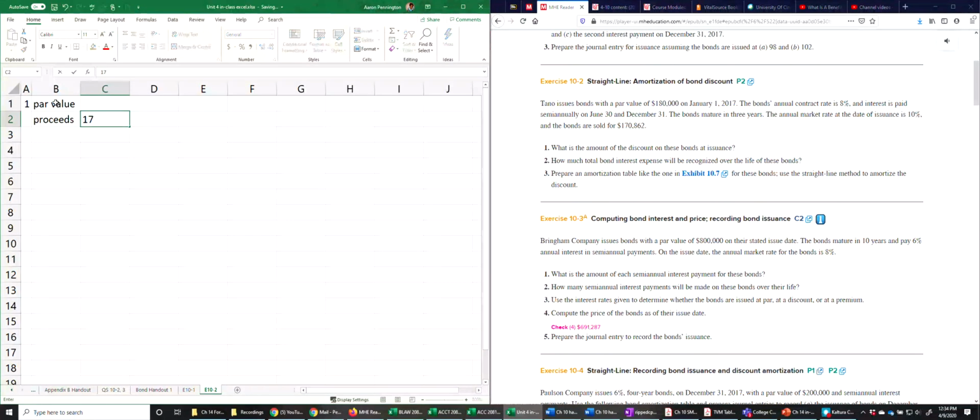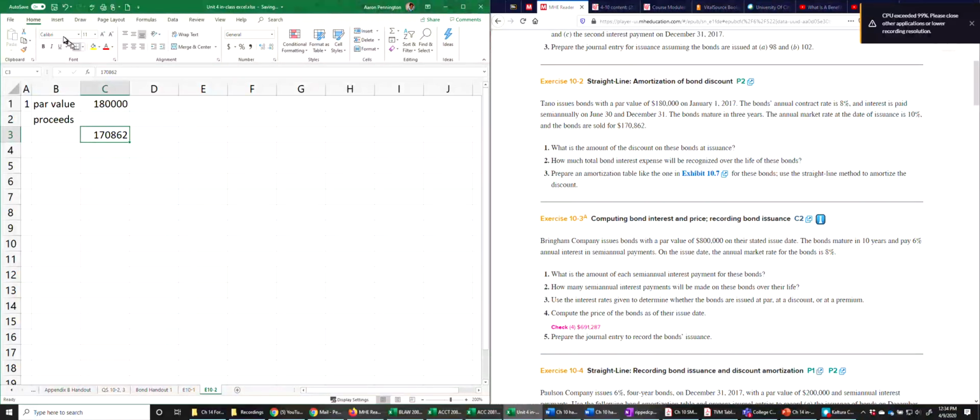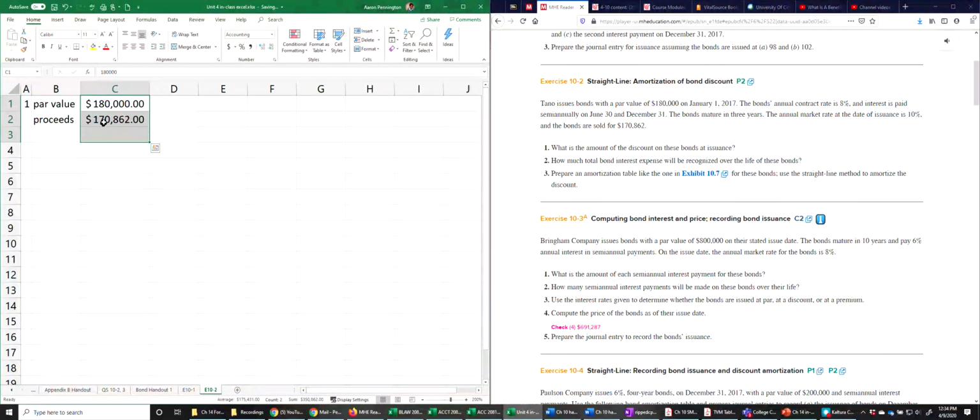Well, the proceeds is given as is the amount they sold for. And we'll just take the difference between these two numbers. All right, so your discount, $9,138.